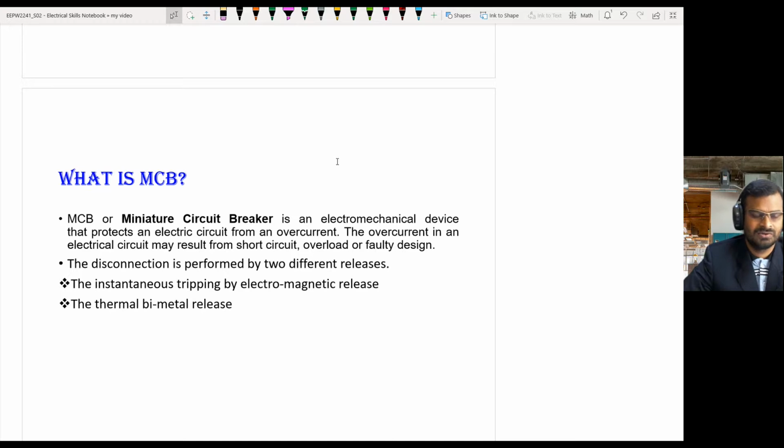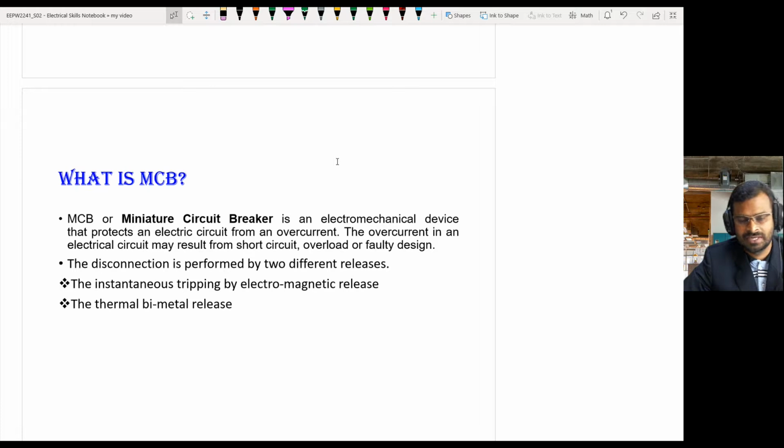When this kind of situation happens, a huge amount of current starts flowing in the circuit. Since the current is very high, the protective device has to trip or open the circuit very fast.